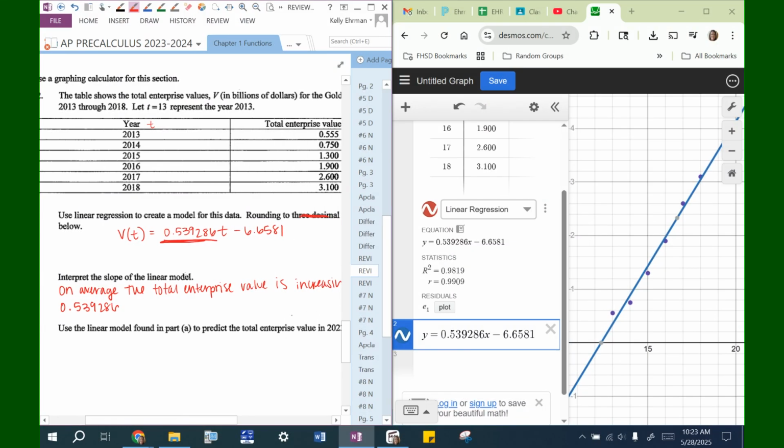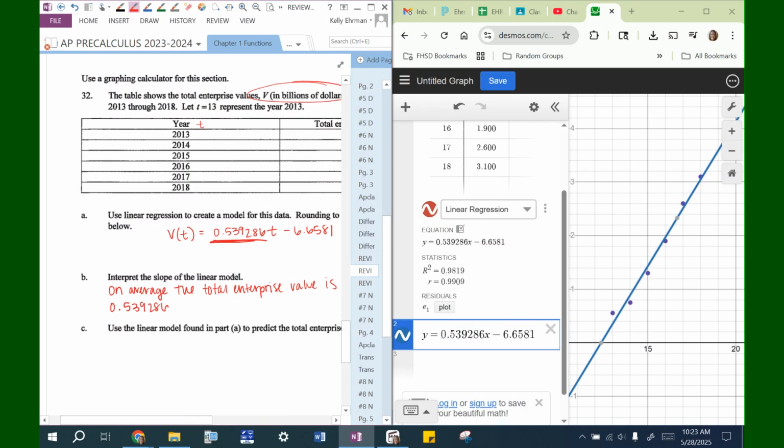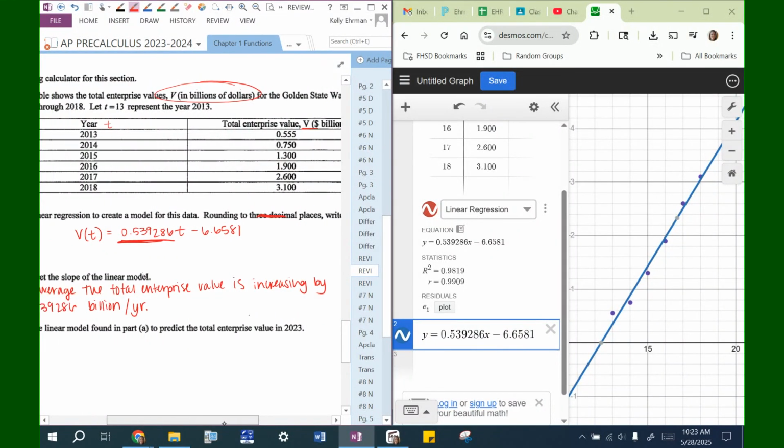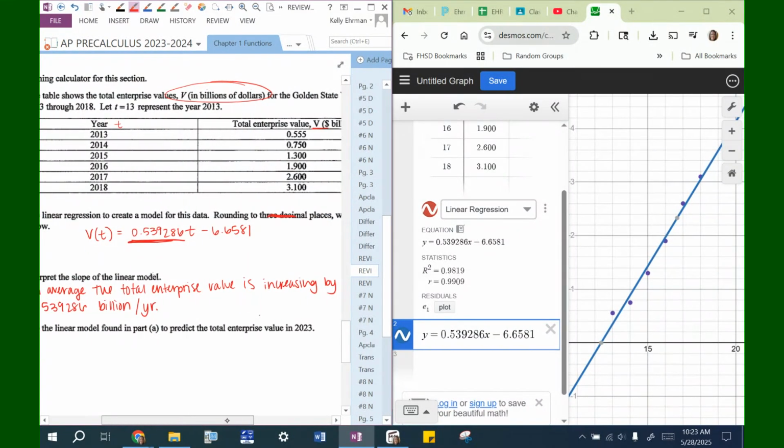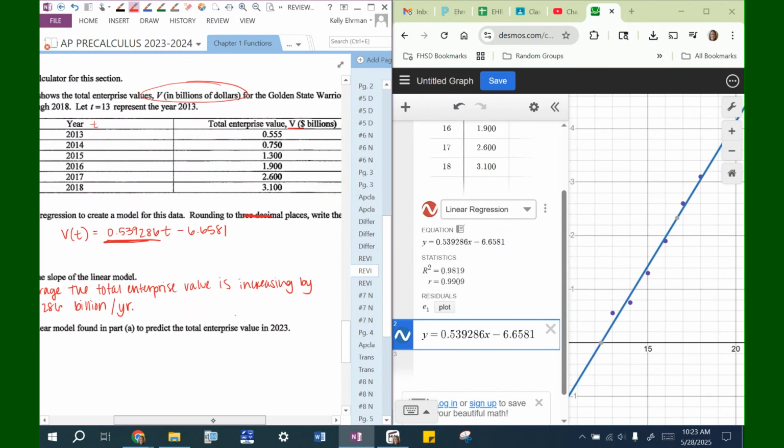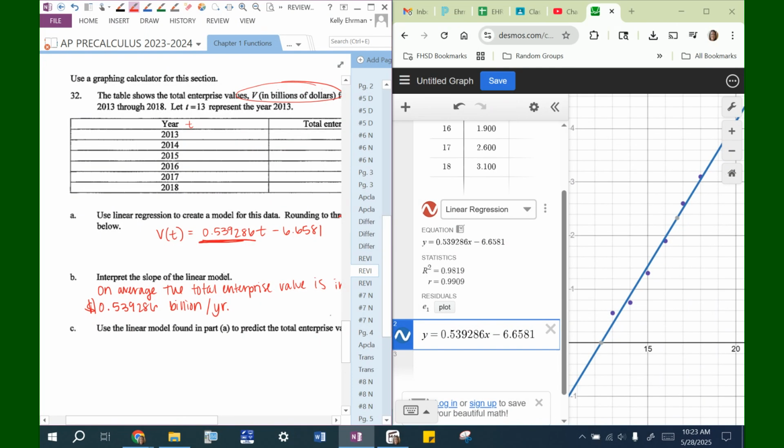What's the label on that? Y per X, billions of dollars per year, because X or T is written in years. You can put a dollar sign out front, or you can write billions of dollars per year. If this were a negative slope, I would write decreasing, and I would leave the negative sign off.